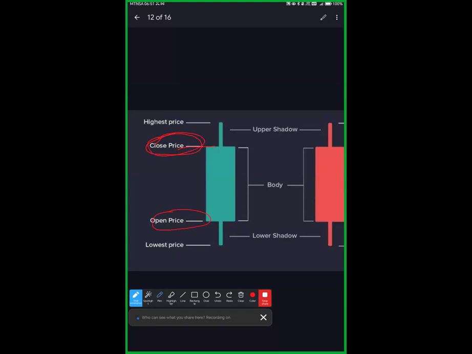In the process of opening and closing of the price, you will see that a body is formed. A body of a candle is formed. What I'm simply saying is a candlestick, sometimes you will see that it has got a body. This filled part of a candle is called a body.